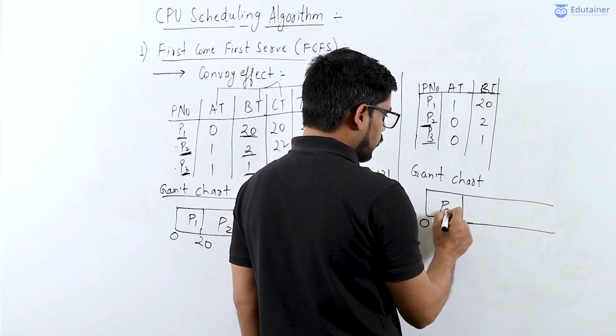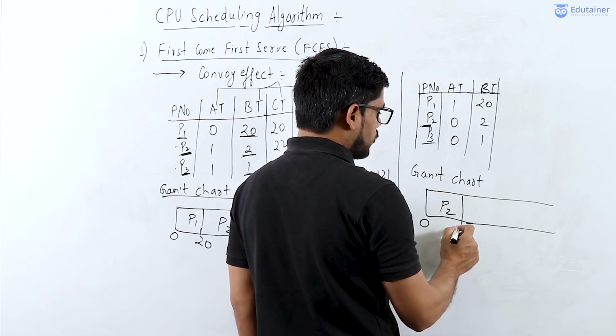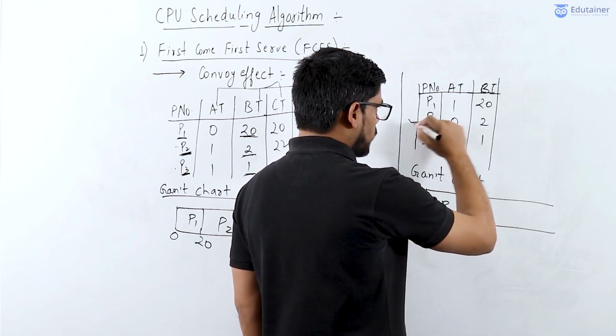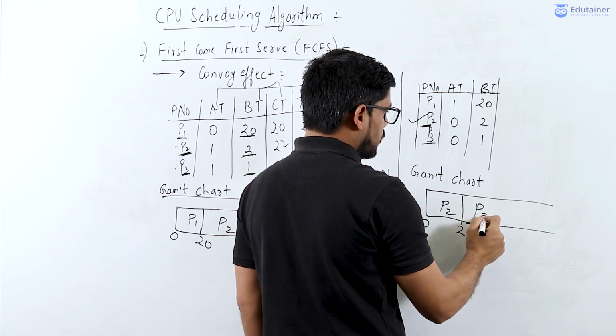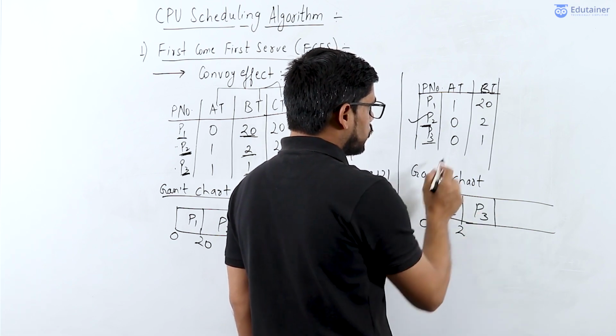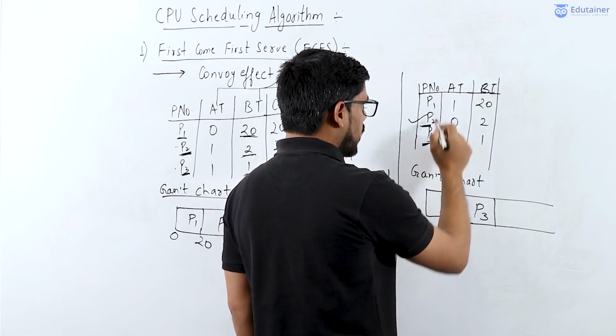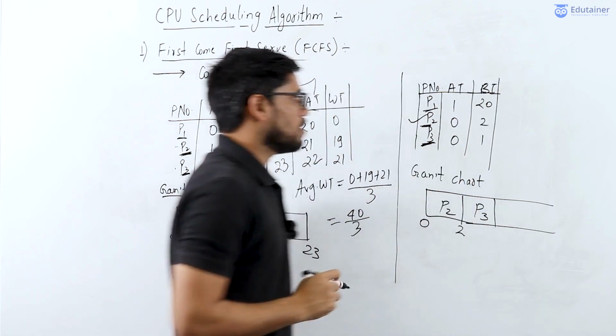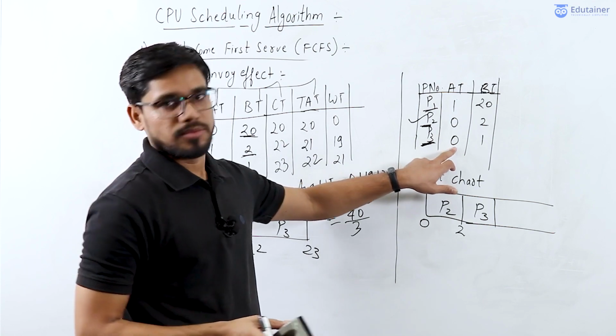So process P2 is served first and requires 2 units of time, so 0 plus 2 is 2. After process P2, we will pick process P3. Why? At time 2, process P3 has come and process P1 has also come. But why do we pick process P3? Because P3 came at time 0.